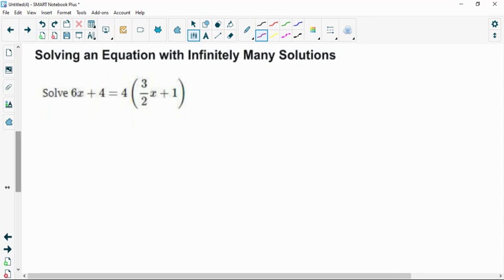Something to note is, for infinitely many solutions, here's what's going to happen. You could have something that looks like 5 is equal to 5. It does not matter where you are. 5 is always 5.